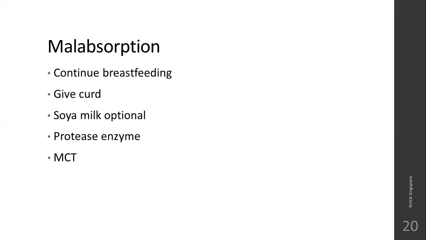Okay, only if the child is not able to produce protease enzyme from the pancreas, or it is not enough to digest the protein, then protease enzyme artificially has to be taken through supplementation. MCT oil can be given here as well. Coconut oil or MCT solutions can be given. And on top of that, all the fat soluble and water soluble vitamin supplementation should be started so that the patient does not go into the stage of deficiency.